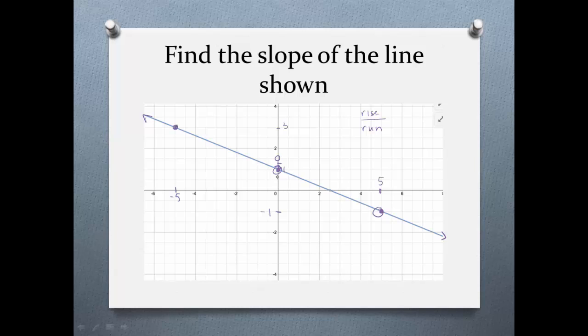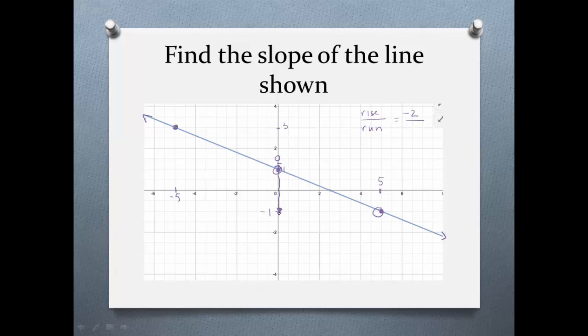So I'm going to first start vertically and try to get in line with this other point. So I'm going to walk down to this negative 1. And if I count how many units I went down, from 1 to 0 and then 0 to negative 1, that's down 2. So in this case, my rise is negative 2.